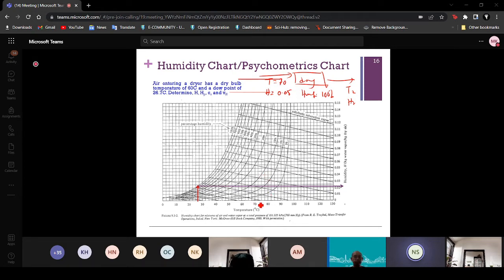Okay, here. 70. One vertical line. And then humidity 0.05. Here. This is the intercept here. And then 100%. Okay, so this is the intercept point.